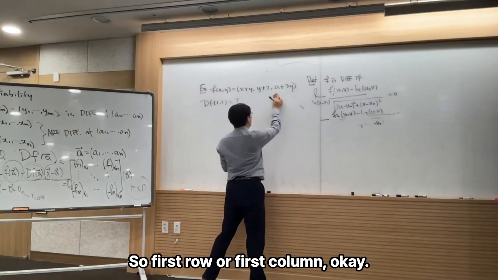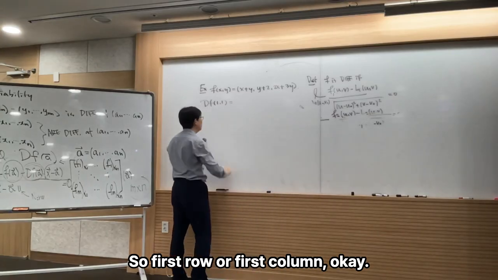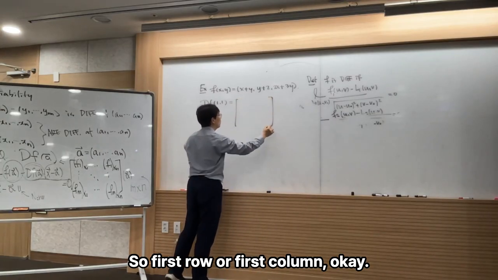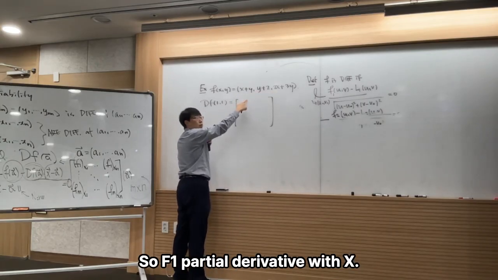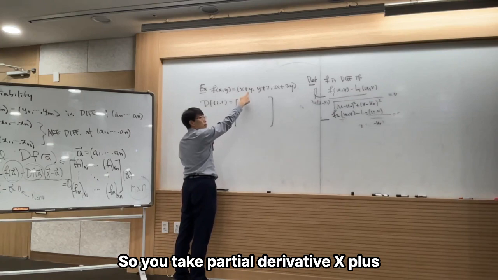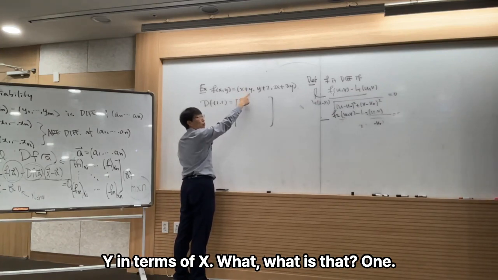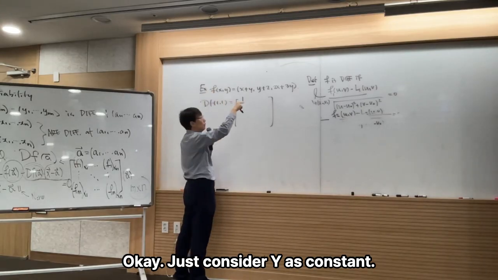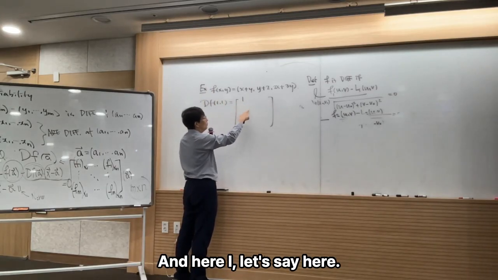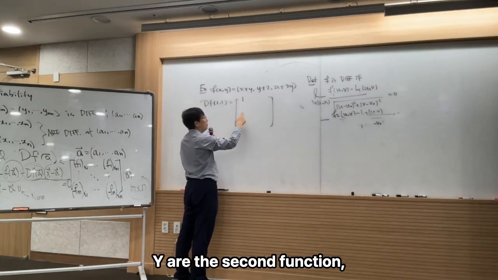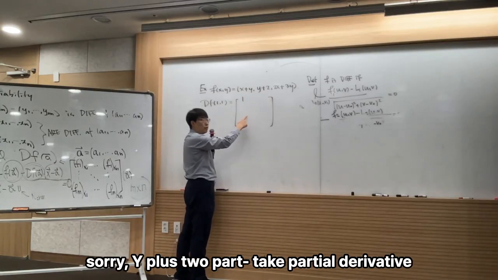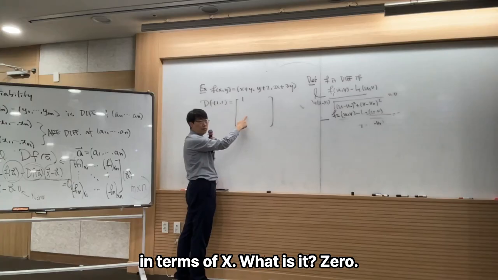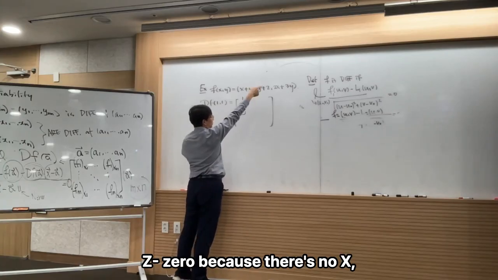So first row, first column. F1, F2, F3. F1 partial derivative with x. So you take the partial derivative of x plus y in terms of x. What is that? 1. Just consider y as constant. Second function, y plus 2, take the partial derivative in terms of x. What is it? 0, because there's no x, just a constant.